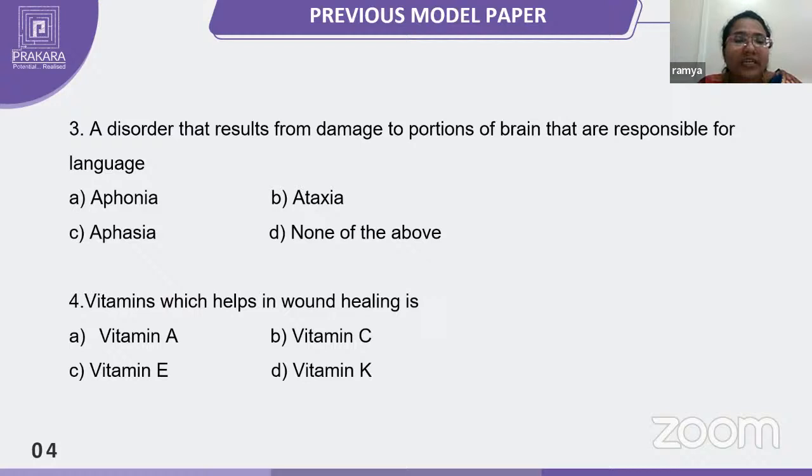They have given the options A as vitamin A, B as vitamin C, C as vitamin E, and D as vitamin K. The vitamin which helps in wound healing is vitamin C. So you will write the fourth answer as vitamin C.